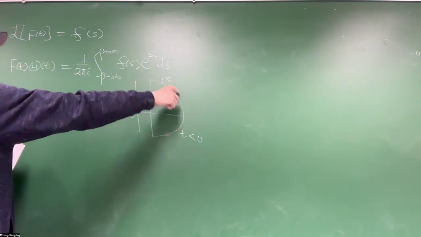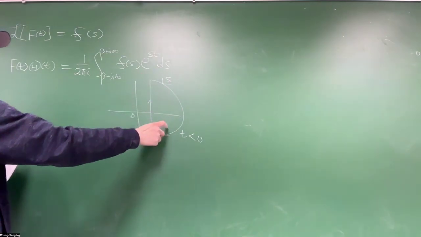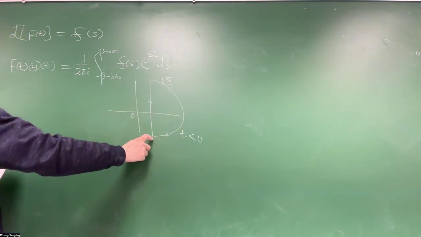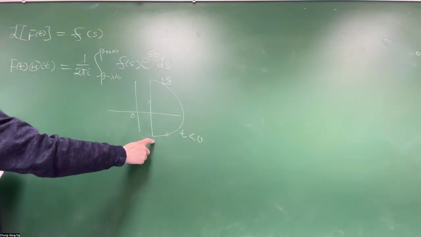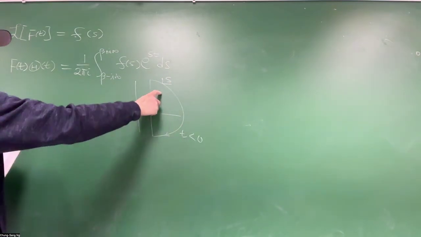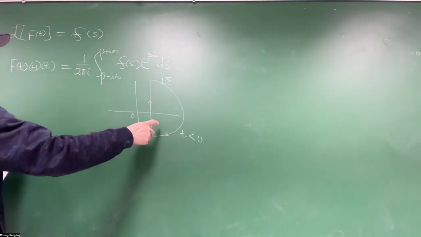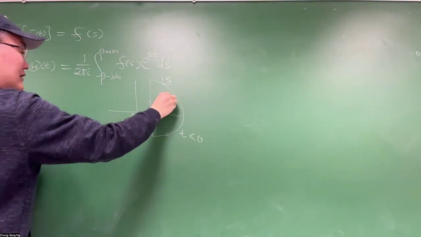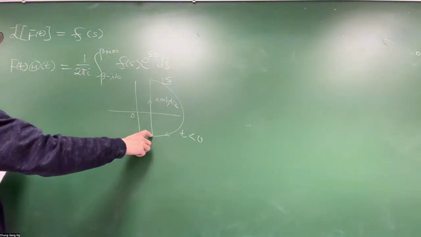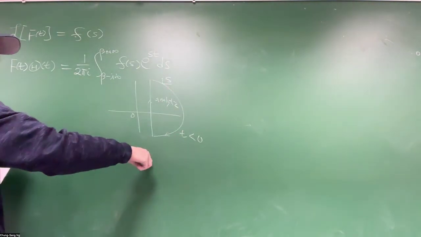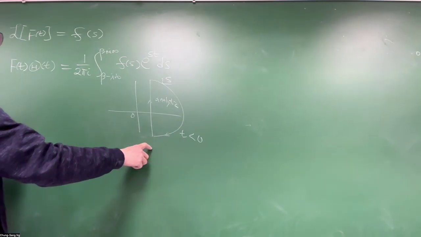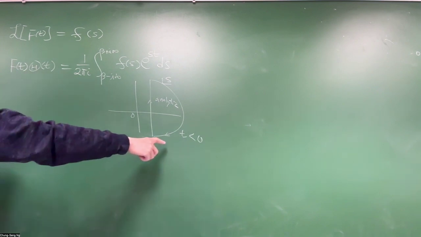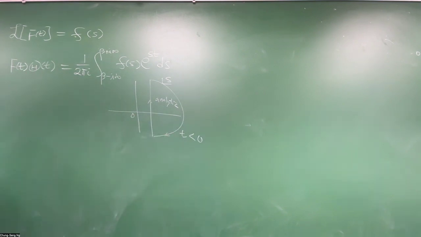This plus that should be whatever the contribution from the singularities inside, but you require it to be 0. So you require this line to be 0, but this curve is also 0. It means that inside you should not have a singularity. If inside is analytic, then automatically the whole loop is 0, the curved path is 0, so the straight line is also 0. That makes sure the integral is 0 for negative t.